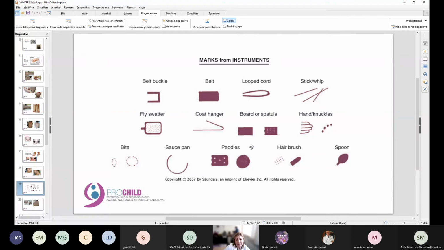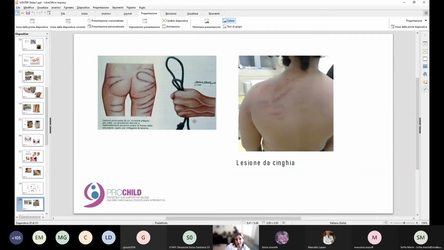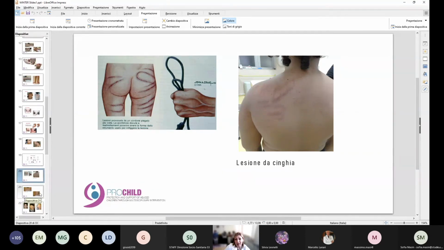Could be the sole of a shoe, or, for example, a spatula or any other instrument, or another mark here that is left by a belt or a rope that can leave this mark.